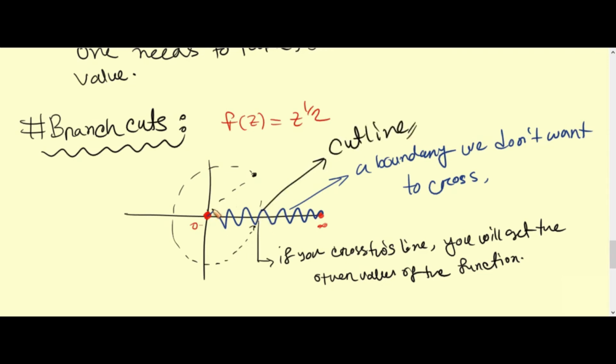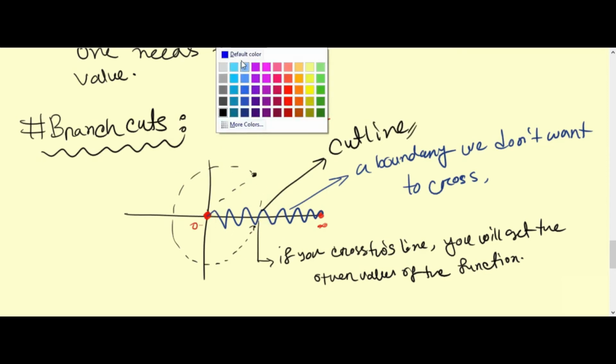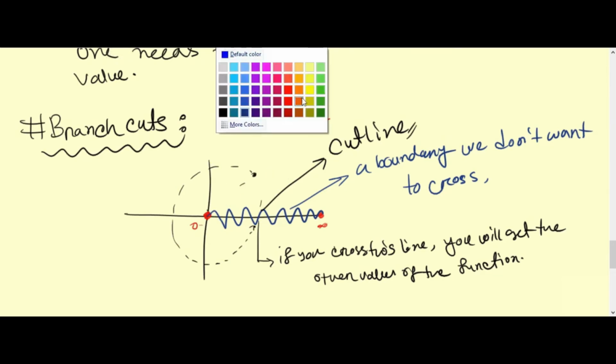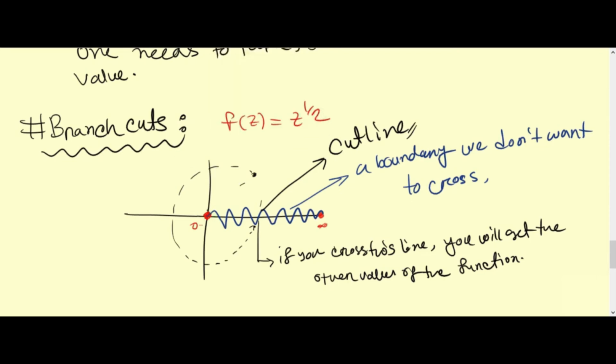That means that instead of rotating like this, what we could do is take our z over here. Okay, let me use a different color. Sorry for that. Okay, so let's start from here. Instead of revolving around the branch point and encountering the branch cut, we can avoid it. How? The idea is pretty simple. Just rotate like this.